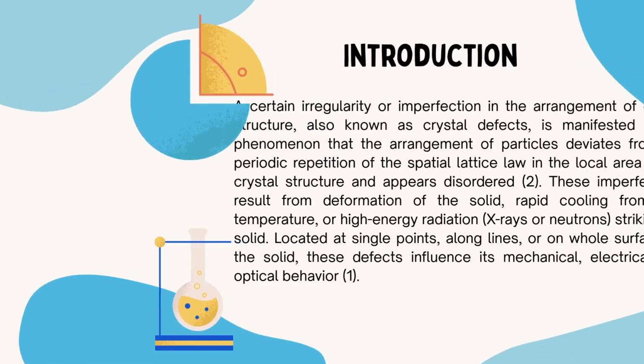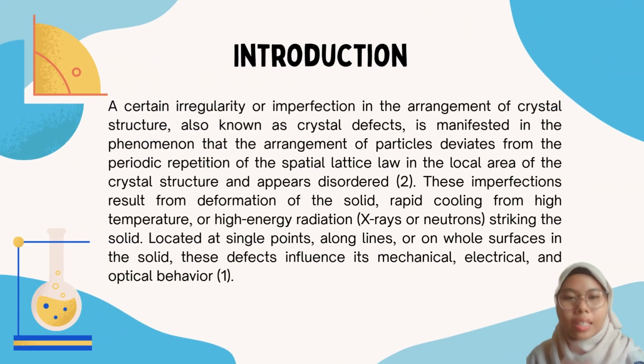Now, I'm going to tell you what a crystal defect is. A crystal defect is a certain irregularity or imperfection in the arrangement of the crystal structure. It is manifested in the phenomenon that the arrangement of particles deviates from the periodic repetition of the spatial lattice law in a local area of the crystal structure and appears disordered.